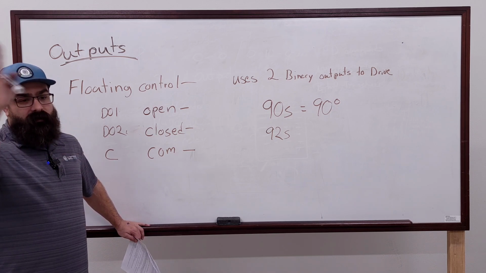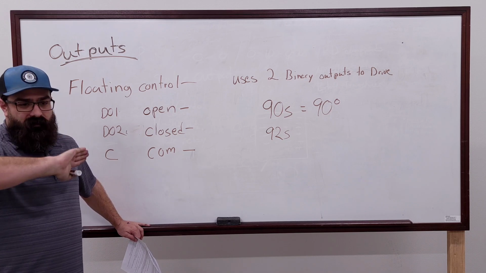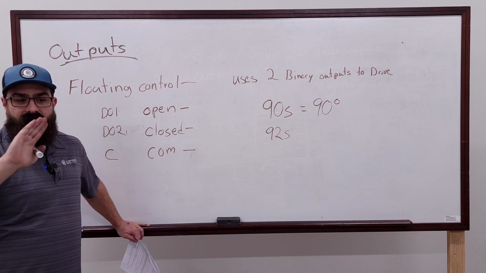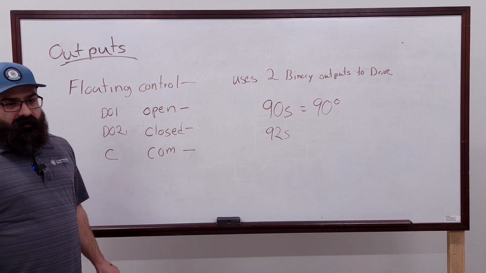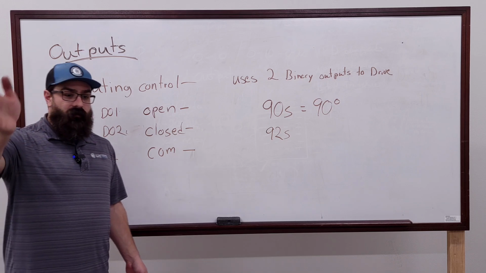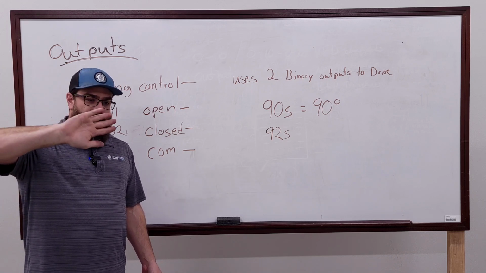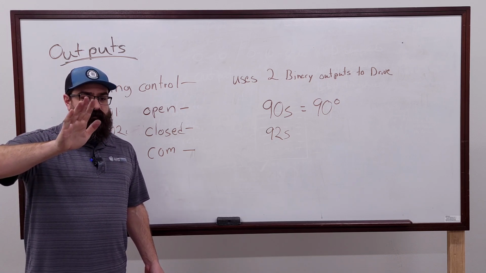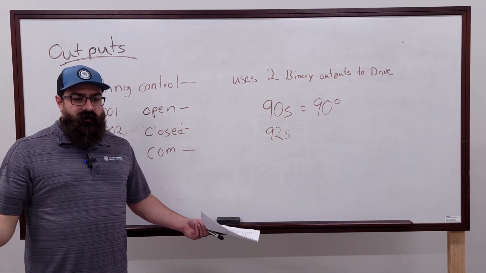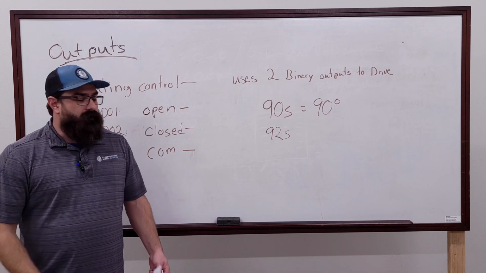It'll drive it all the way open, and then all the way closed, and then it'll hold it there, and then it'll release it, and it'll start maintaining. So if you power down a Honeywell VAV box and you turn it back on, that damper is going to open all the way up first, then it's going to go all the way closed, and then it's going to start to maintain. So people are like, well, why is this thing open all the way up when I turn it back on? That's why.